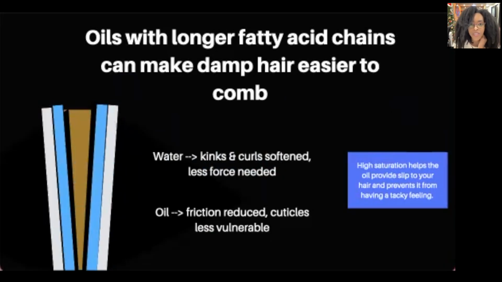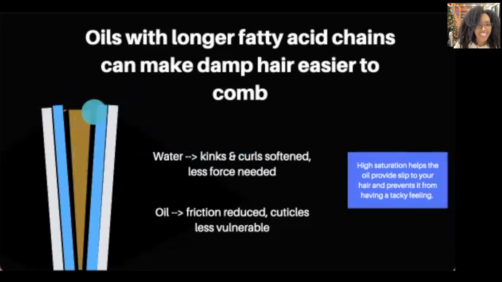That said, as we've already seen, it also lifts your hair's cuticles and makes your hair a little bit rougher and a little bit more vulnerable. If you add an oil on top of damp hair, it can allow you to benefit from having softened hair because there's water in it while minimizing damage to your strands.